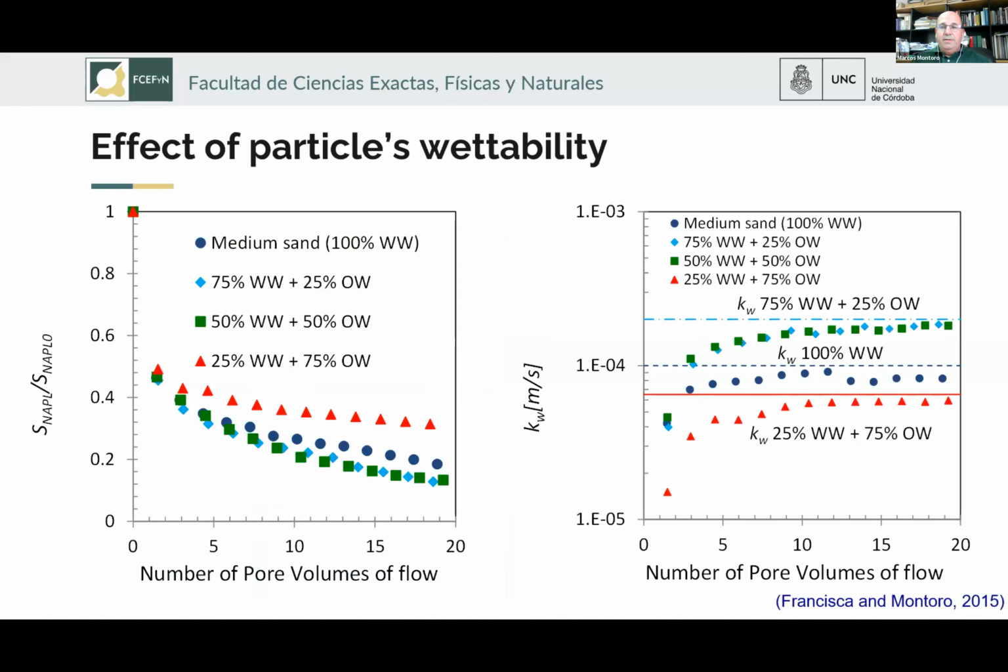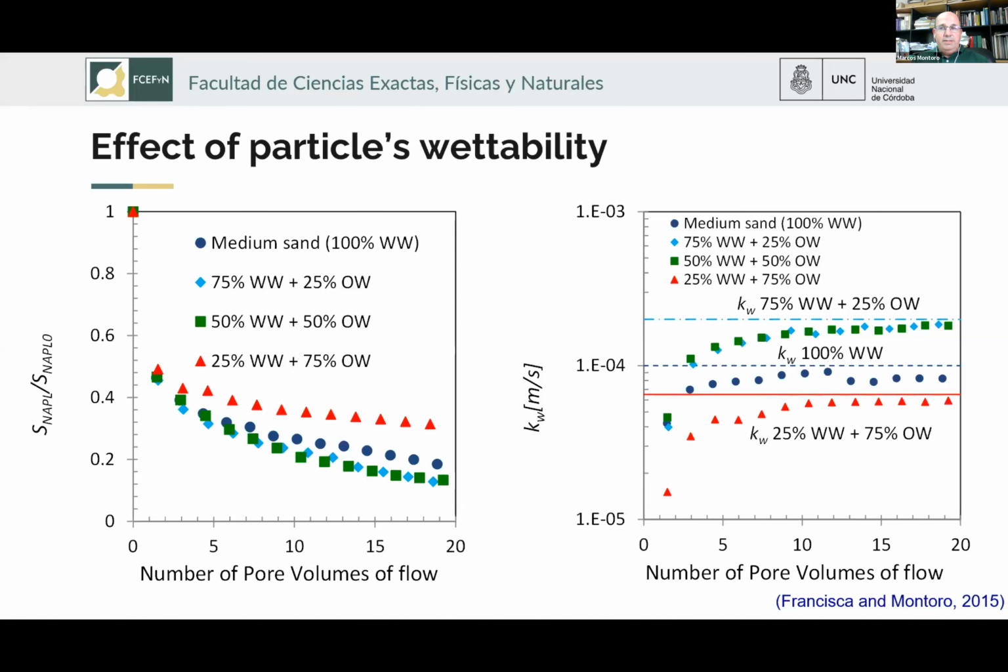So the figure on the left side of the screen shows the change in the NAPL saturation during the flushing process in medium sand specimens having different content of hydrophobic grains. In this case, part of the mineral surface are water wet and part are NAPL wet, resulting in a mixed wettability specimen.